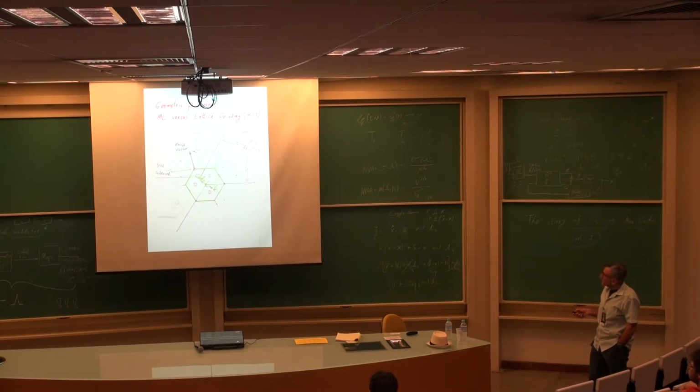What is the geometric picture? So maximum likelihood amounts to having decision cells which are open until infinity. So if I transmitted this point, all the y's that I will receive here will be matched to here, because this is what maximum likelihood is.